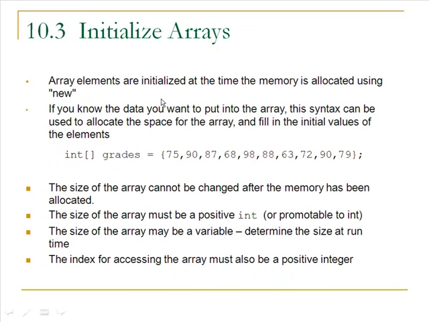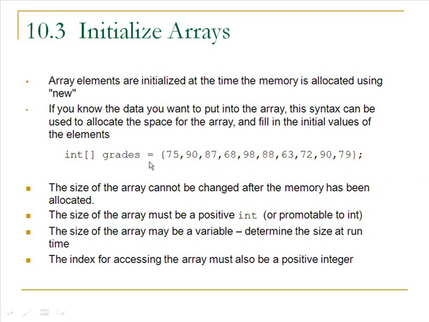Okay, so array elements are initialized at the time the memory is allocated. So when you say new int, all of those elements get initialized, and if it's an int array, they're initialized as 0. If you know the data that you want to put in the array, you can allocate the space for the array and fill up the array using this syntax.